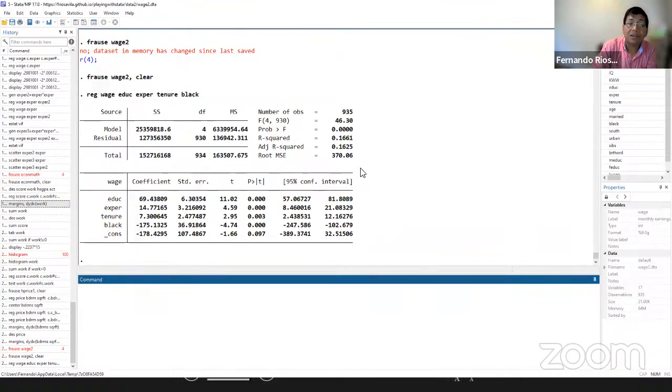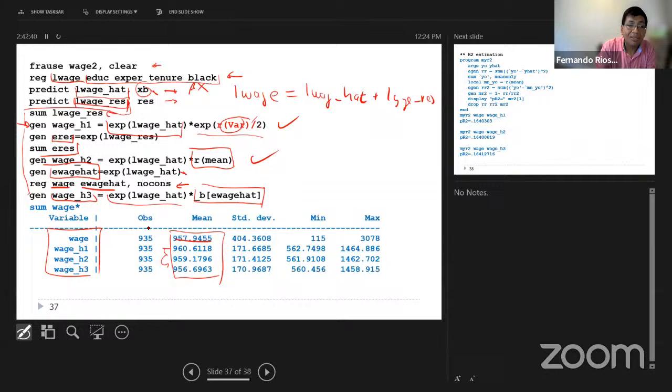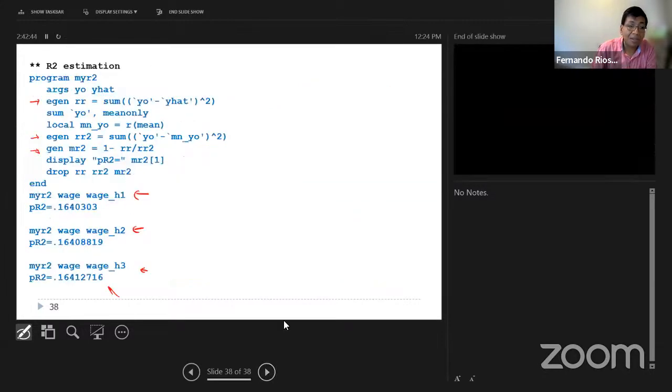So notice here that in this model with levels, the R-squared that I'm getting is 0.1661. That is actually higher than the model if I happen to use the log linear model.